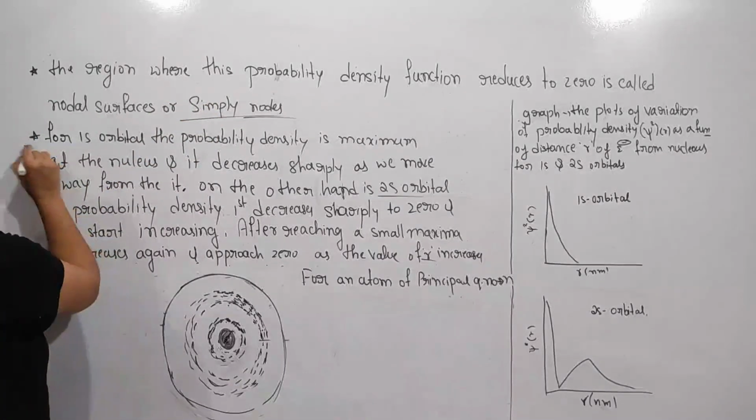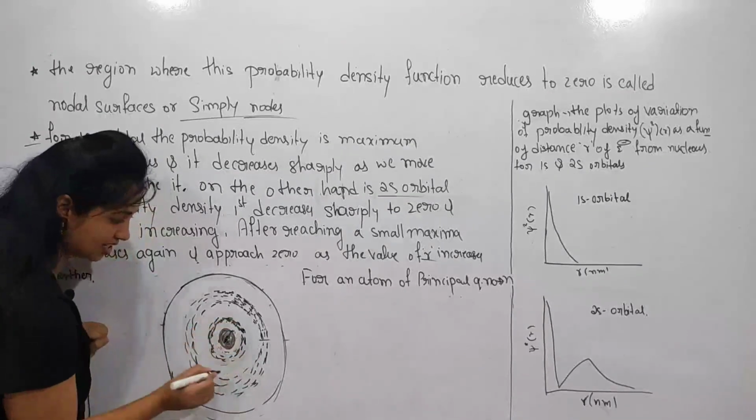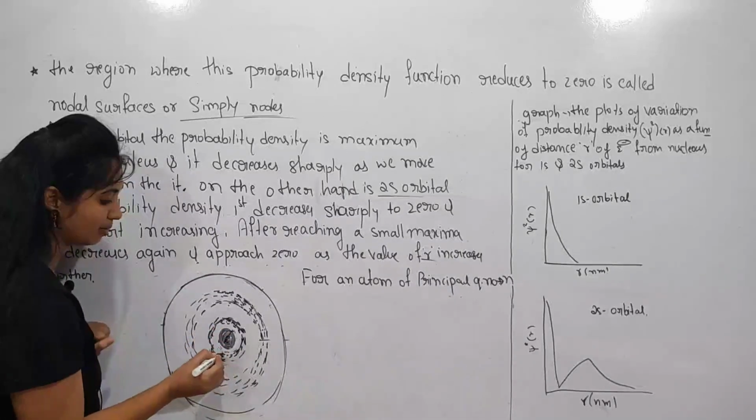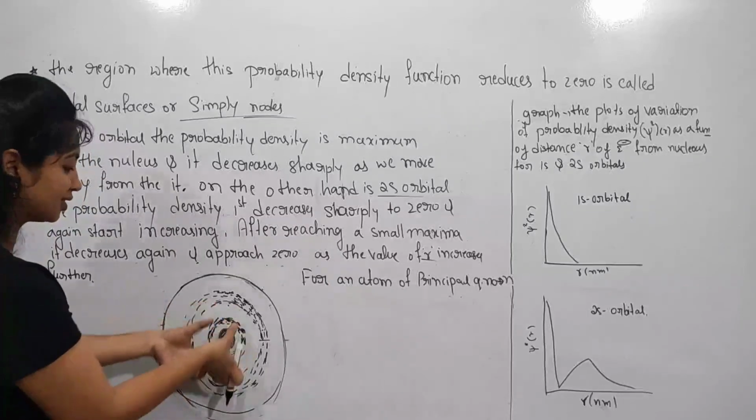For example, for the 1s orbital, near the nucleus we get the 1s orbital probability density, or the chance of finding an electron here.